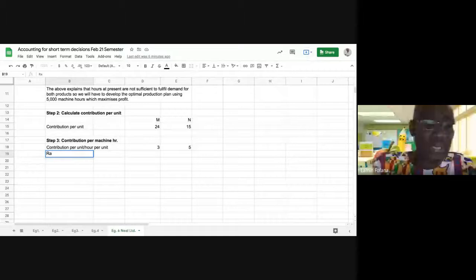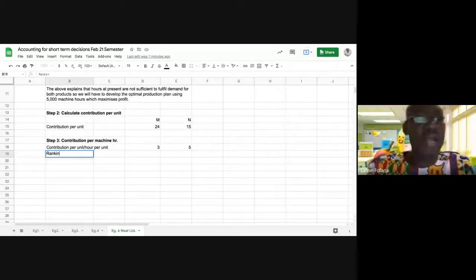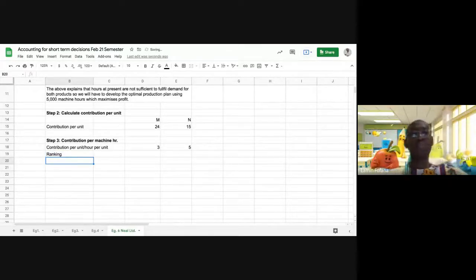The ranking will tell us what to produce first because of its contribution per machine hour. So the highest contribution per machine hour should be produced first, to be seconded by the next highest. In this case, there are only 2 products, so we can do the ranking based on that.